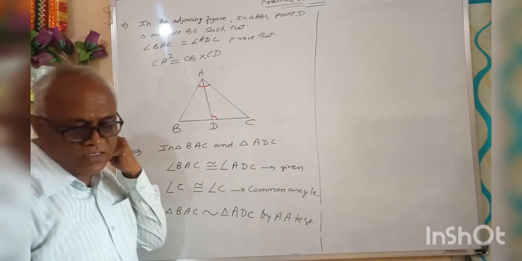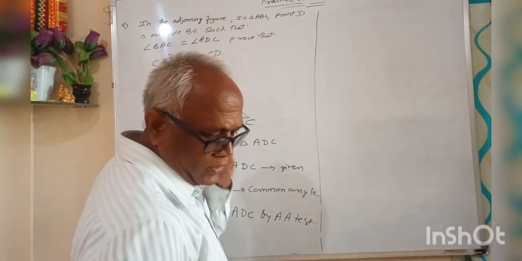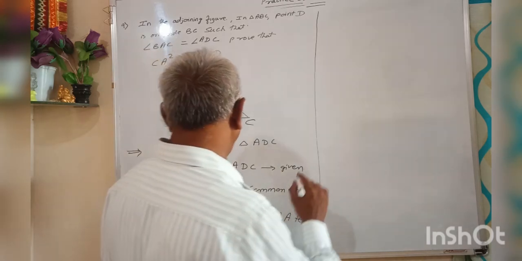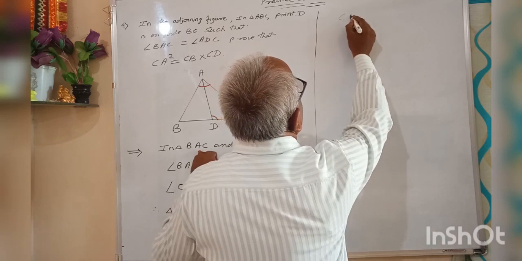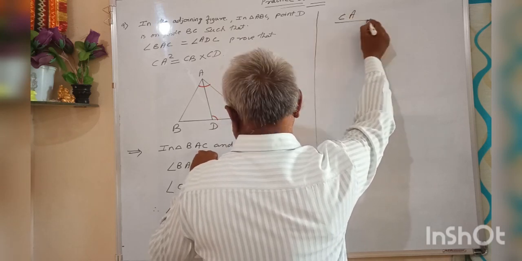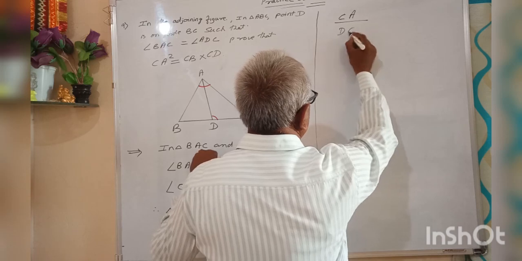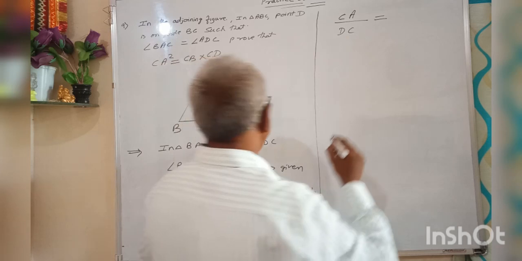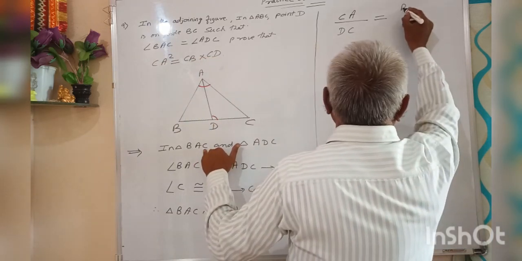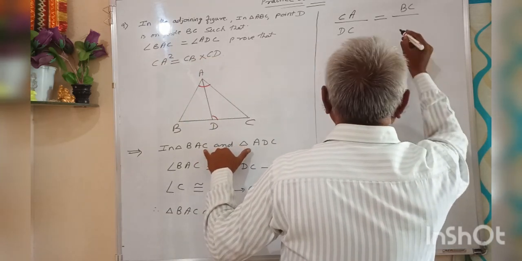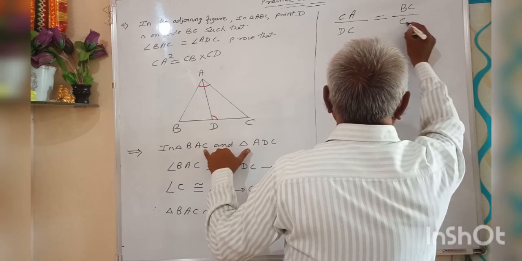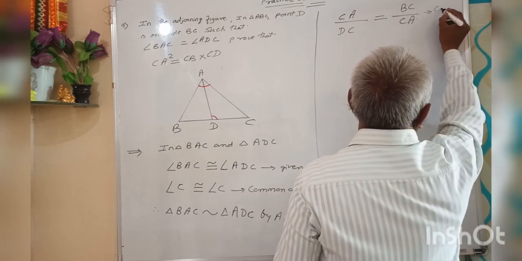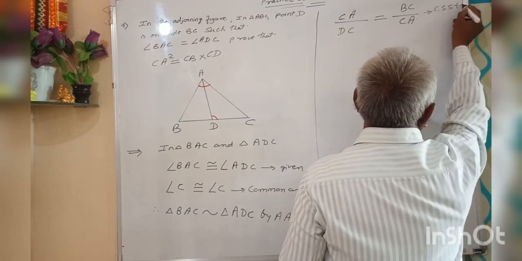If the two triangles are similar by AA test, their sides are in proportion, that is CA upon DC is equal to BC upon CA, that is corresponding side of similar triangle.